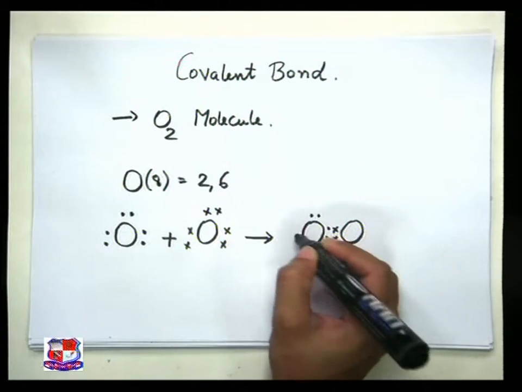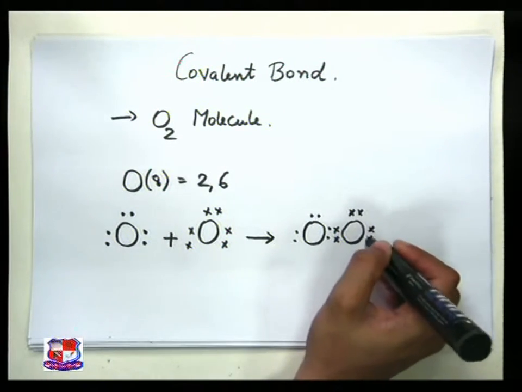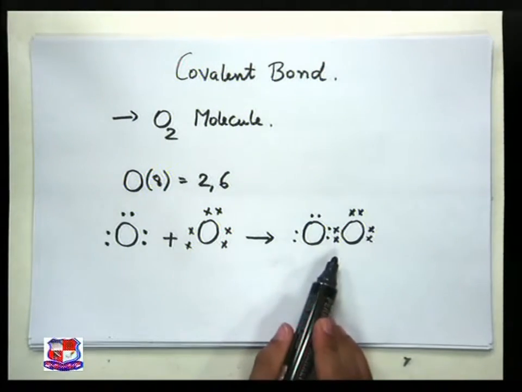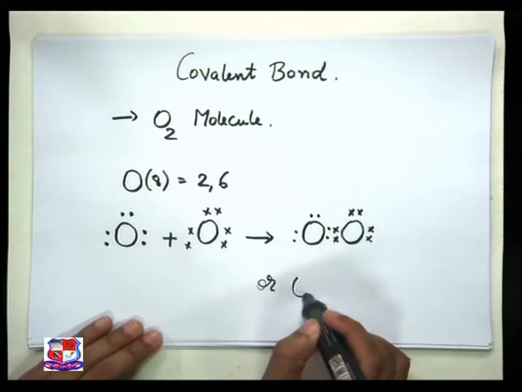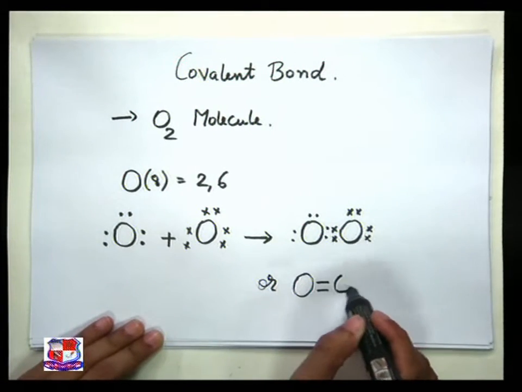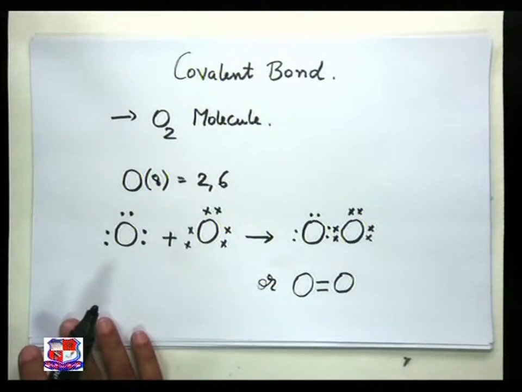Rest of the things remain similar. So as two pairs are shared between two oxygen atoms, there is formation of O double bond O. Okay, so this is the example of the covalent bond again.